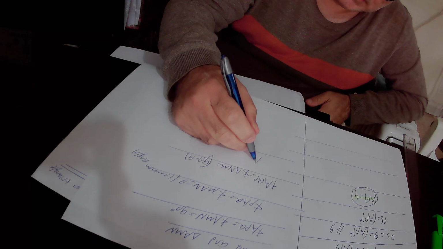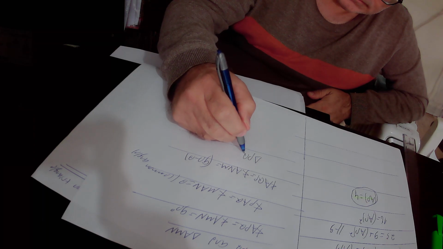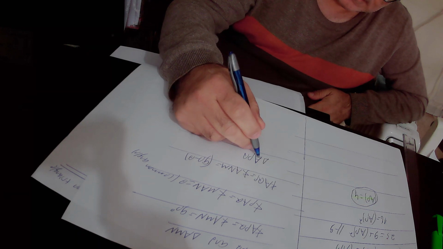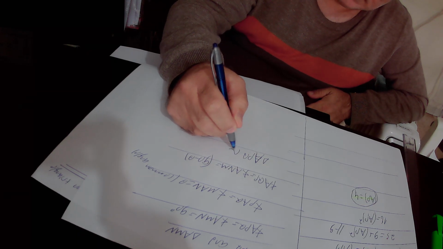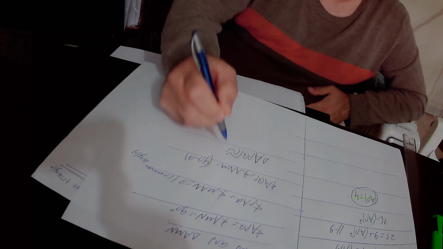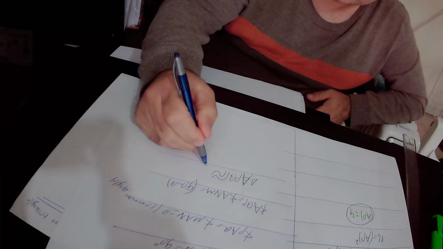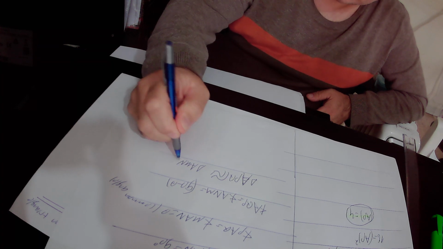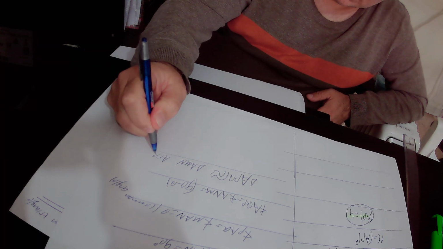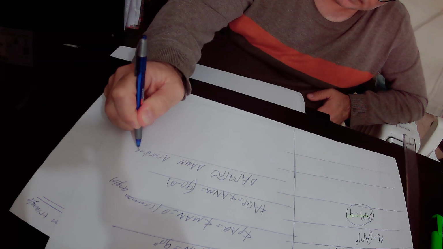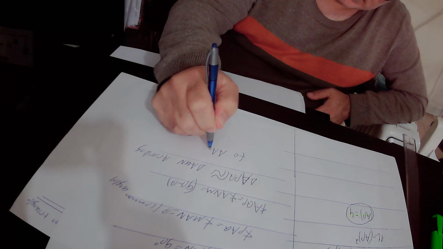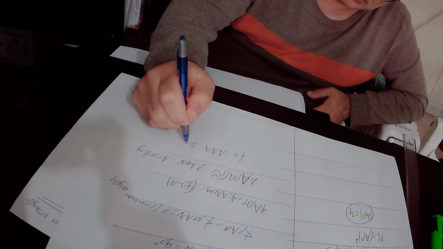The big triangle APQ is similar (this is the sign of similar) to the small triangle AMN according to the angle similarity rule.